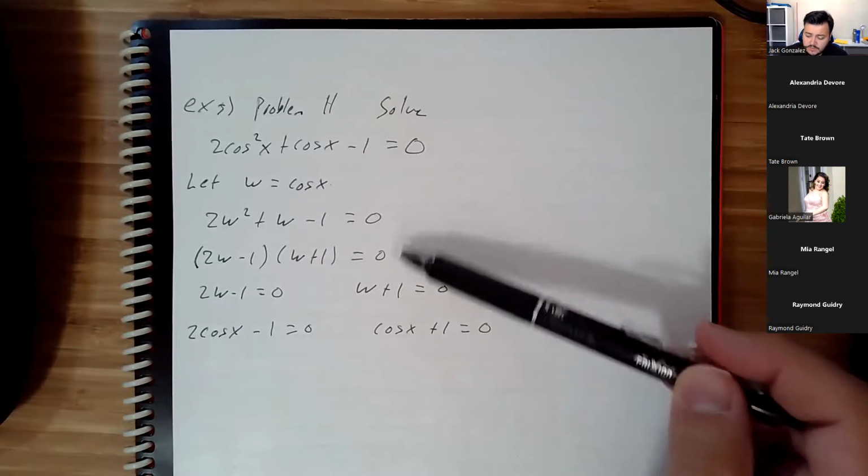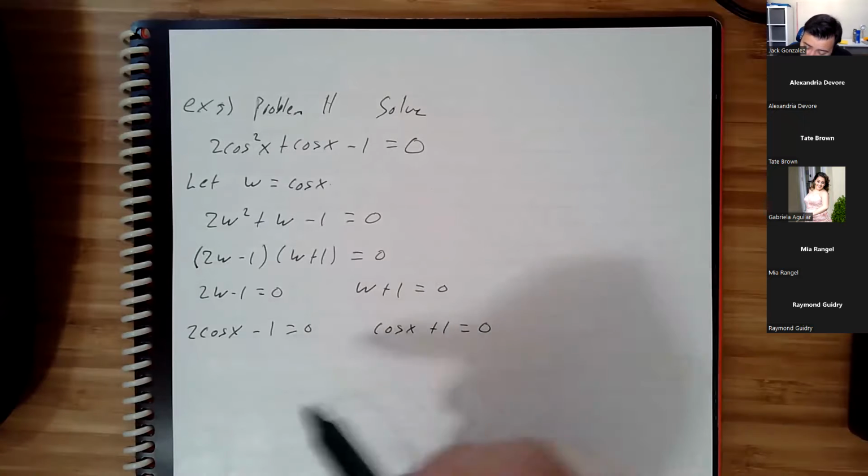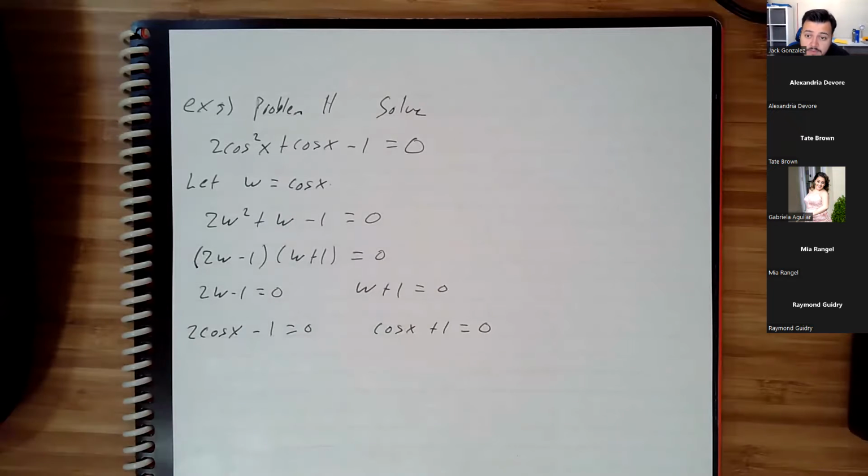I skipped the factoring step. Okay, so this is a quadratic type. But once it's factored and ready to go, it's going to be similar to what we had earlier.